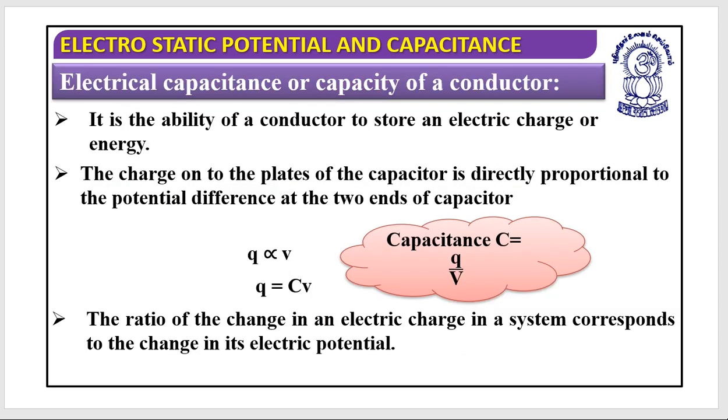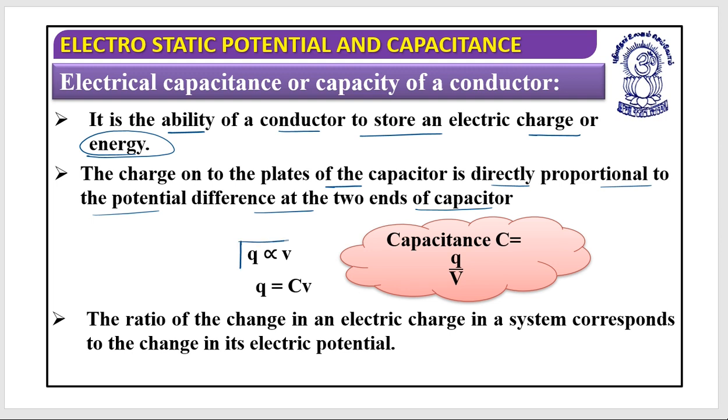The electrical capacity of a conductor is the ability of a conductor to store an electric charge, or rather, storing a charge means we are talking about storing energy. The charge on the plates of a capacitor is directly proportional to the potential difference at the two ends of the capacitor.